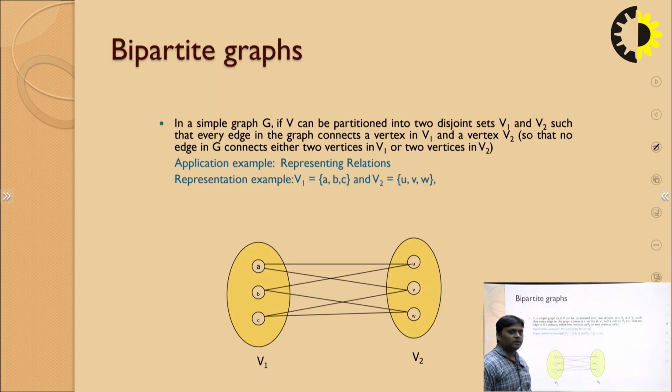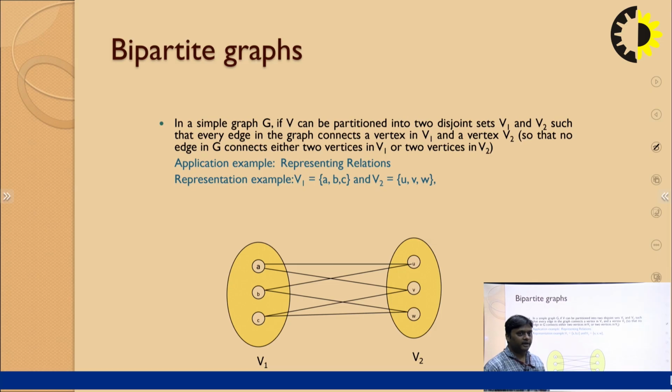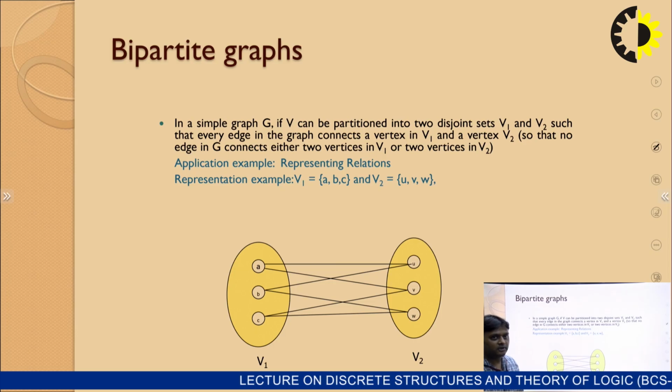The next most important topic is the bipartite graph. In a simple graph G, if V can be partitioned into two disjoint sets V1 and V2 such that every edge in the graph connects a vertex in V1 and a vertex in V2, so that no edge in G connects two vertices within V1 or within V2.